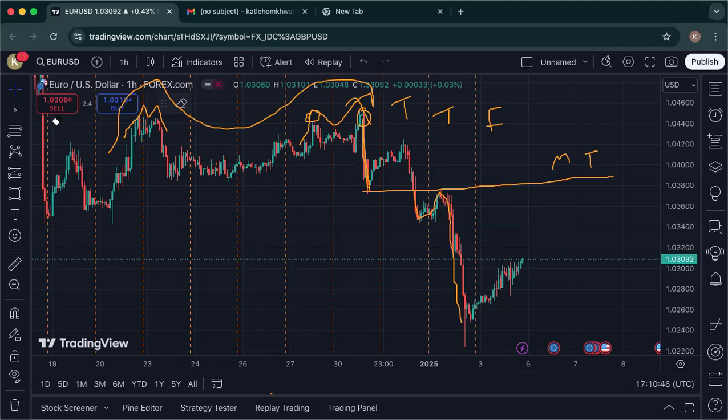Let's say someone missed the entry on the second leg of a W or M formation, he can also wait on the neckline. Probably it might come back to retest. Yeah, you can do that.